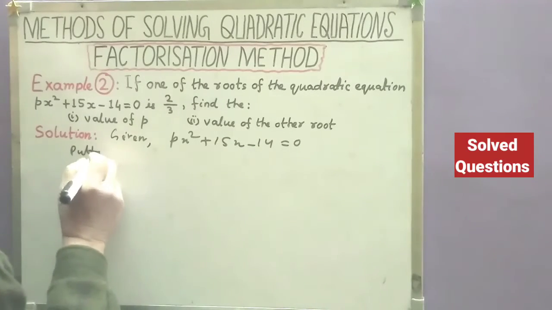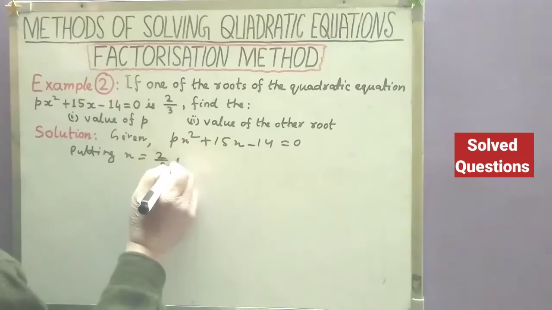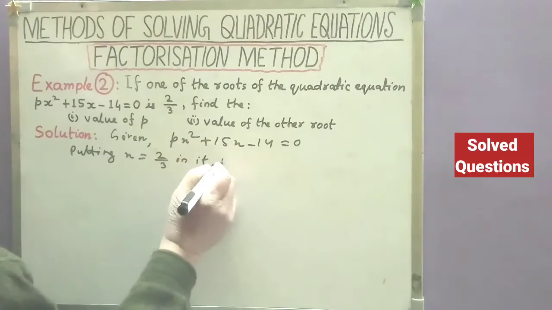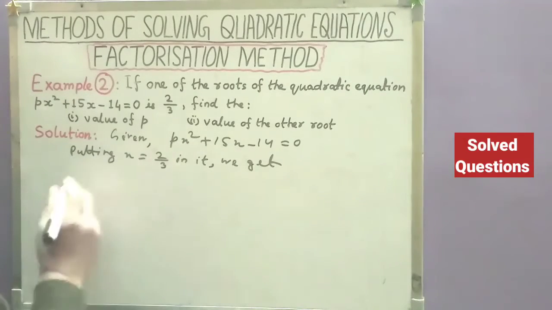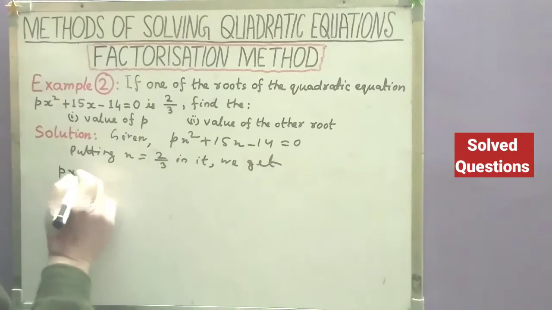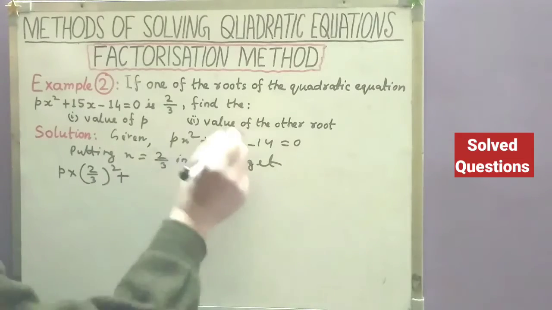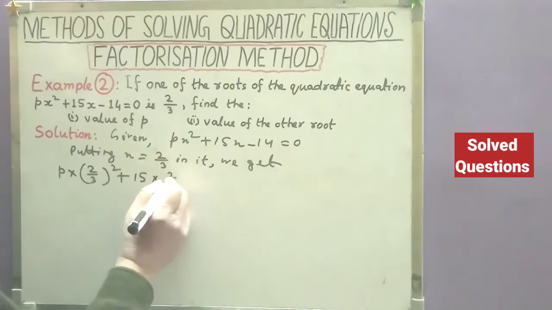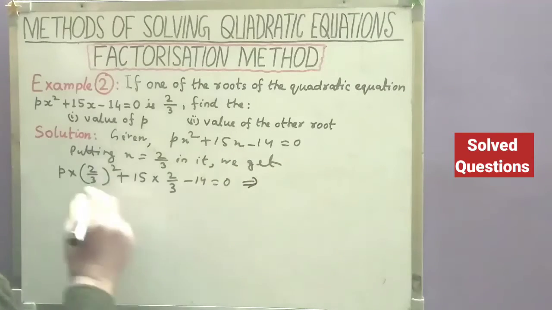Putting one value of x = 2/3 in this equation, we get p(2/3)² + 15 × 2/3 − 14 = 0.